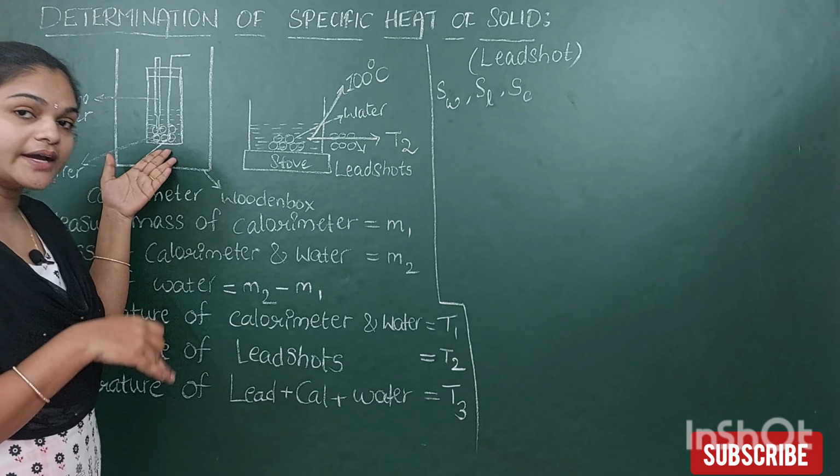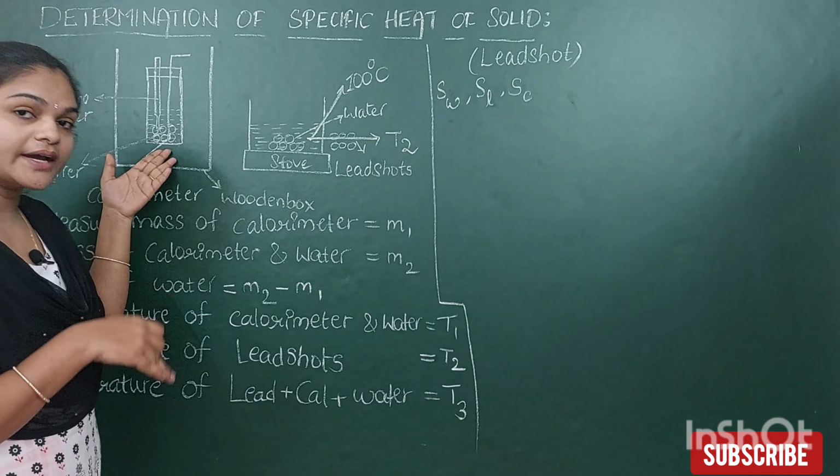Before going to that, let's see the difference in temperature. First, the temperature difference in lead shots. When lead shots are placed here, they have 100 degrees Celsius, the higher temperature, named T2.